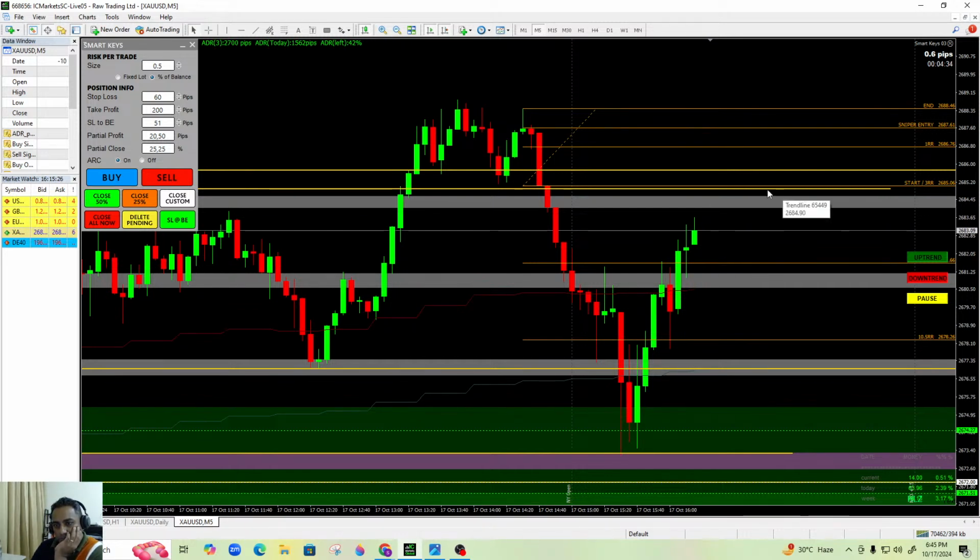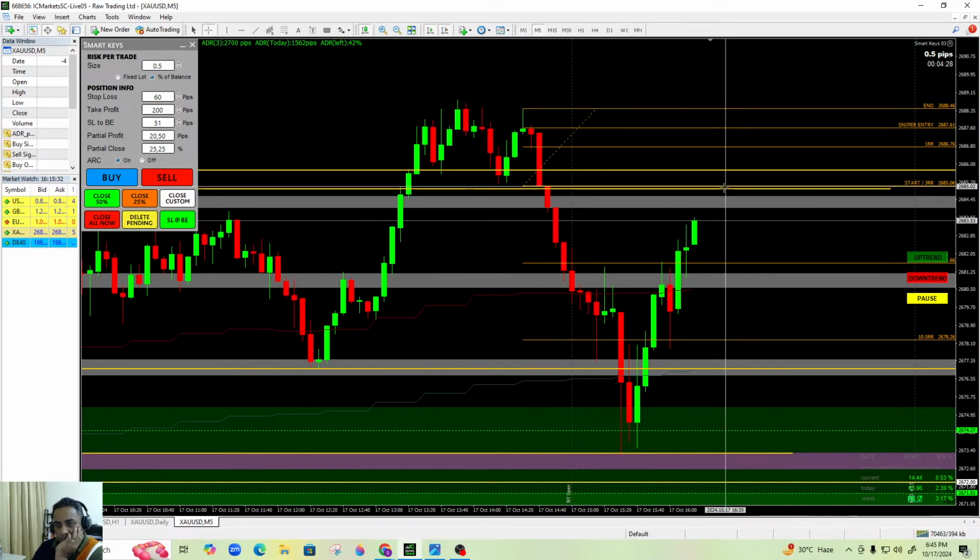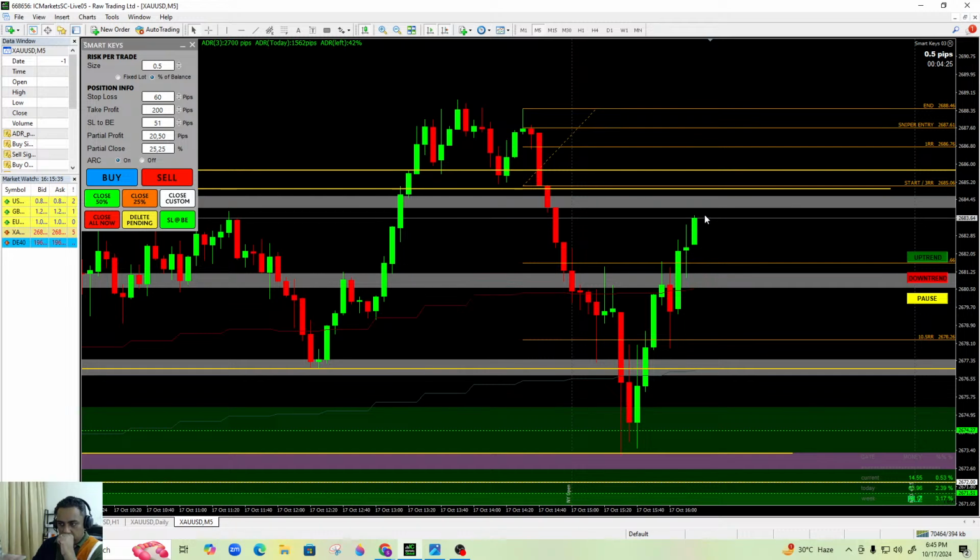Coming straight up. 2685. So we touched resistance right here. We should come to 2685, either this candle or the next one.